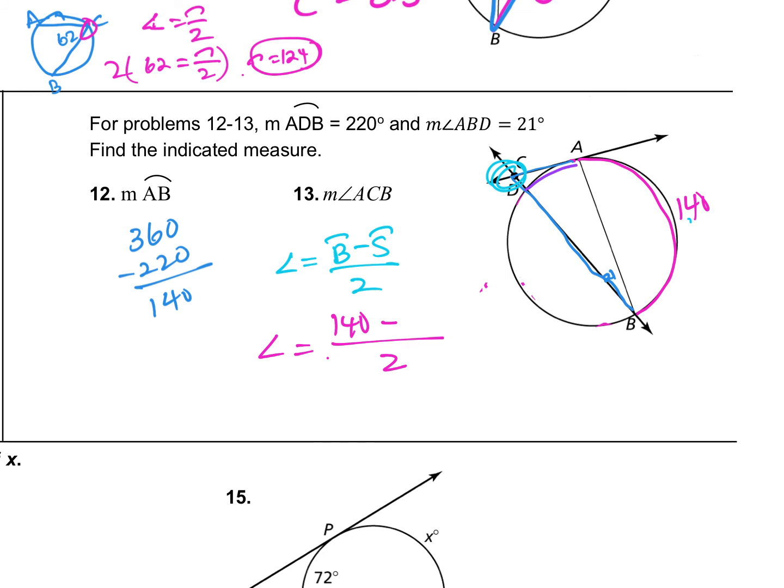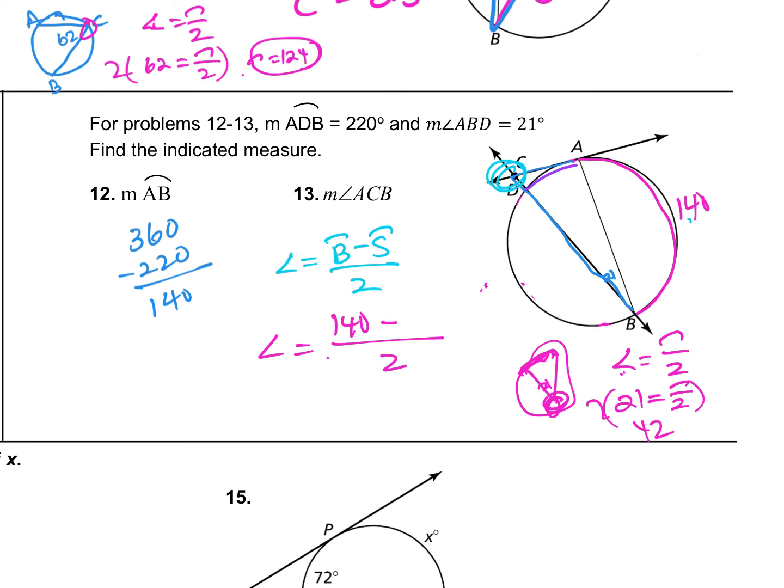So let's figure out what is that part right there. It says that this is 220. I want to know this right here. The vertex is on the circle. So the angle equals the arc divided by 2. So I know the angle is 21 equals the arc divided by 2. Multiply both sides by 2, so that's 42.